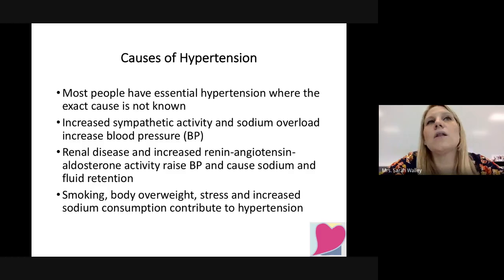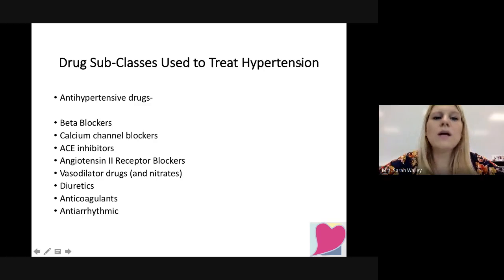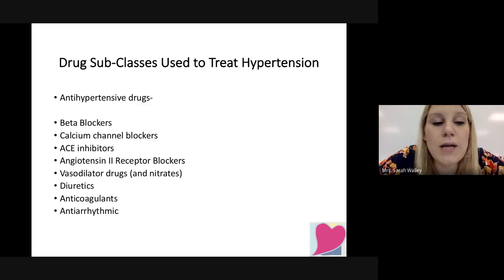I think a lot of doctors just don't know exactly why. Some people might be more susceptible than others. So it depends on the person. But that's why everybody needs to be aware that this can be an issue. Drug subclasses used to treat hypertension.